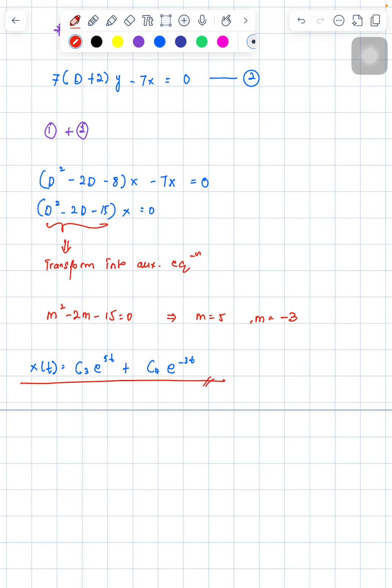The next step, step number 4, we have to substitute xt, yt, x prime t into the original equation. Because we want to have only two constants, C1 and C2.